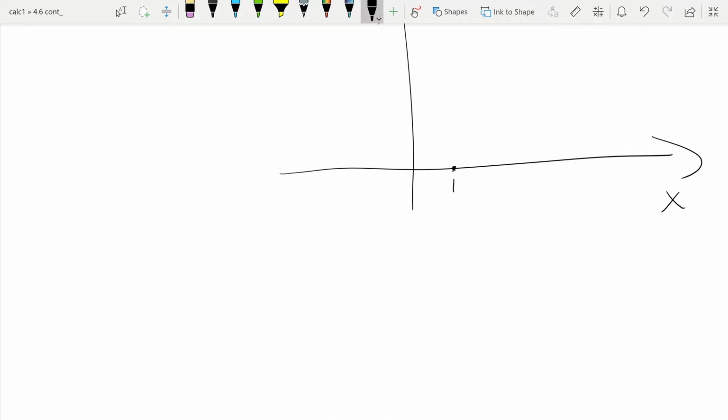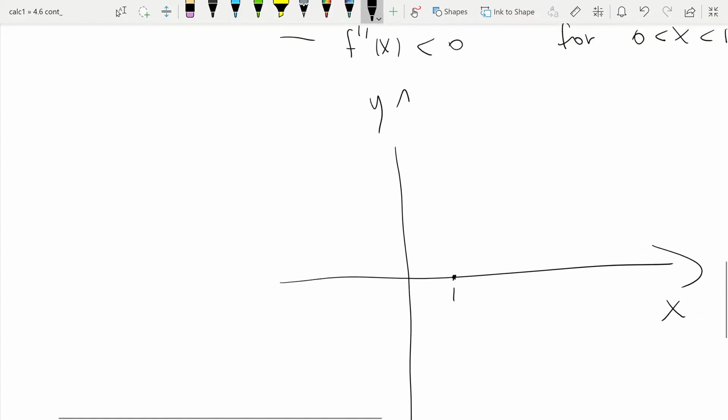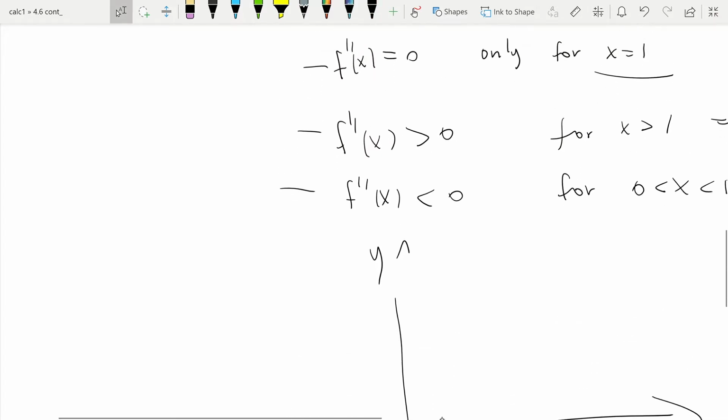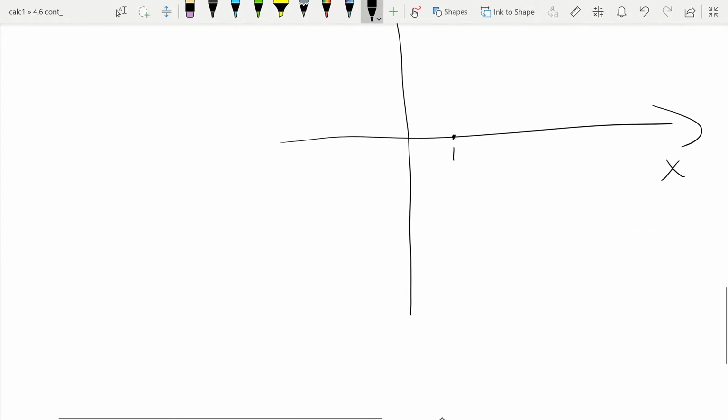We also know that the function is increasing at every single point in the domain. But we also know that it is approaching minus infinity as you approach 0 from the right. And the function is concave down between 0 and 1. So it must look something like this.